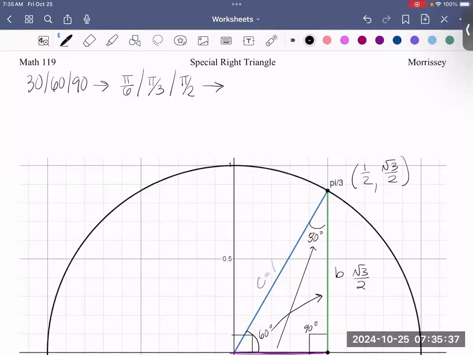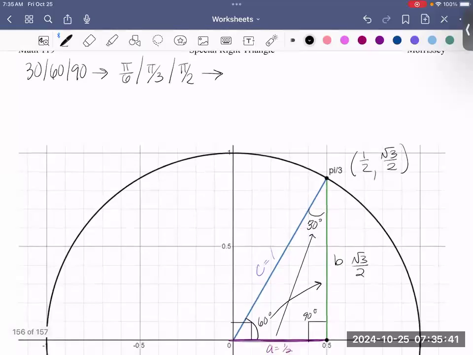So we said this pi over 6, there we go, is your 1/2, root 3 over 2, and 1.